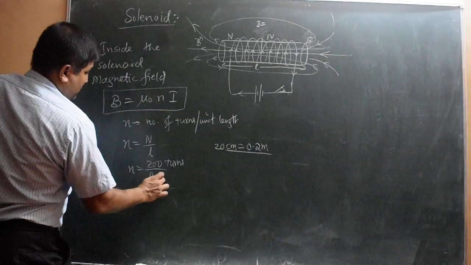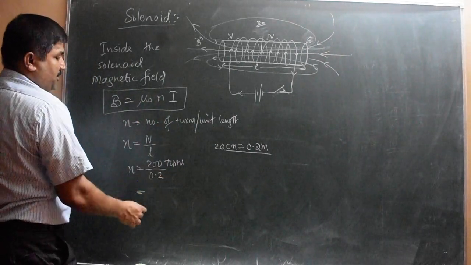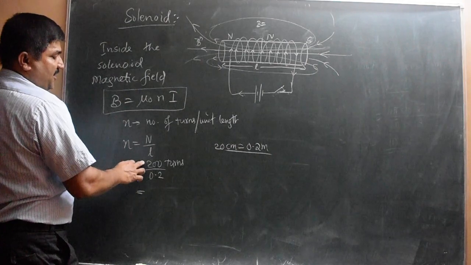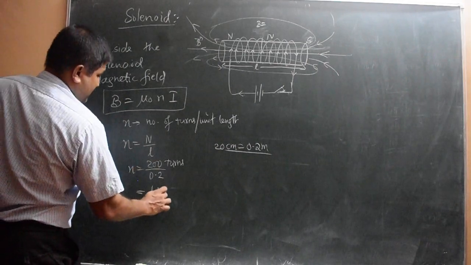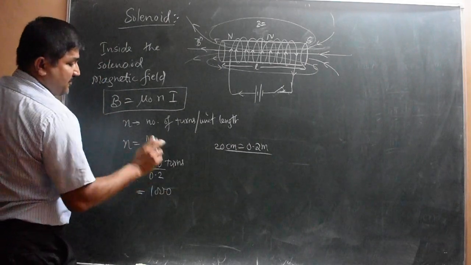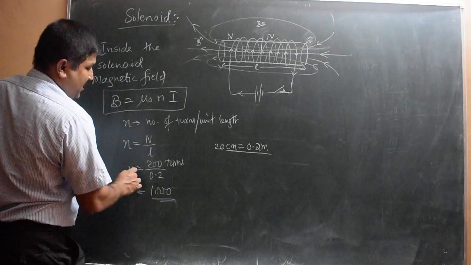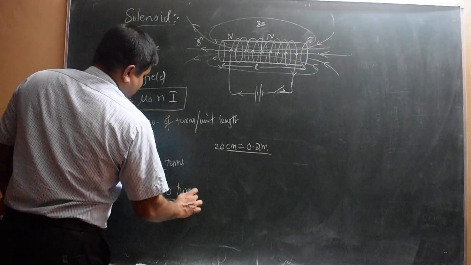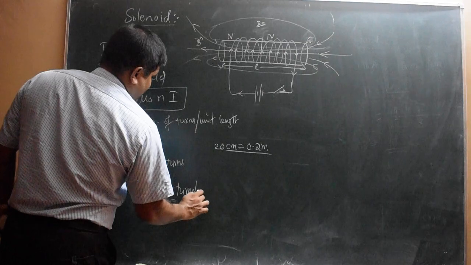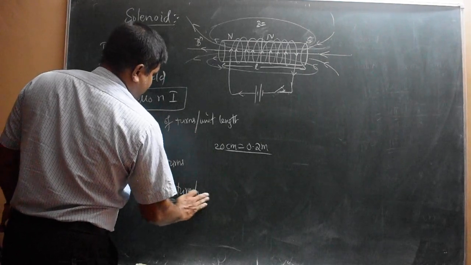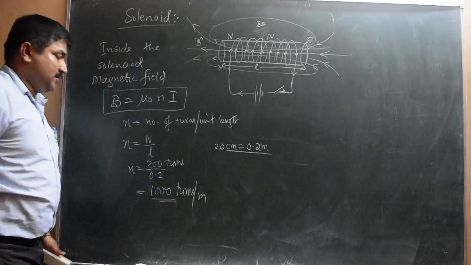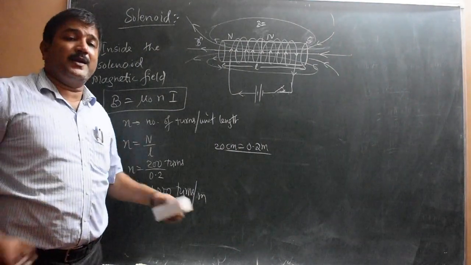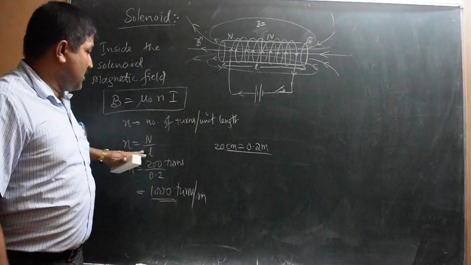Now 200 by 0.2: multiply by 5 here, 200 into 5 is 1000, and 0.2 into 5 is 1. So the n value is 1000 turns per meter. There are 1000 turns in 1 meter length of the solenoid. That is the value of n.